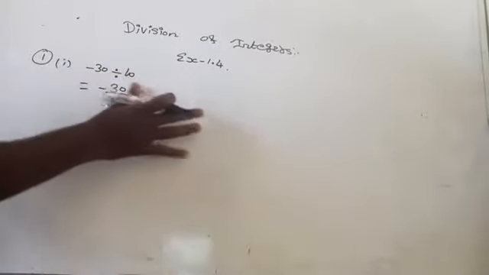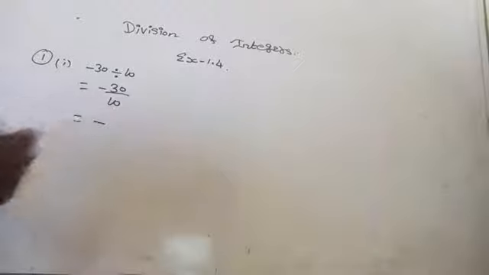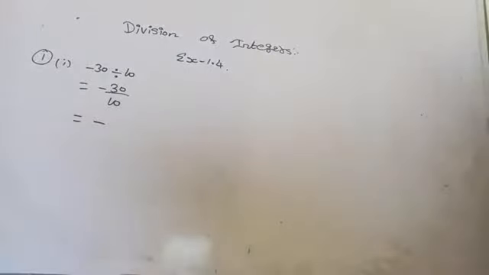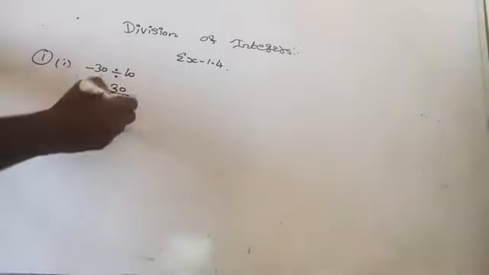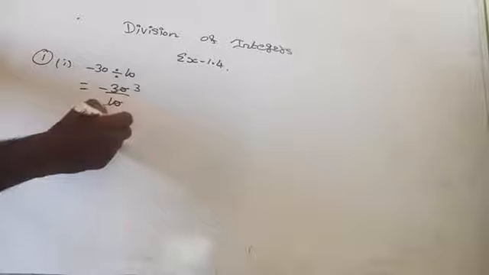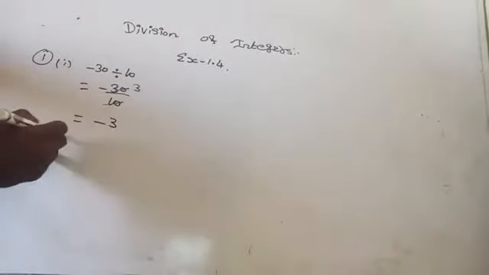So minus divided by plus, that is minus. The division of a positive and a negative integer is always negative. If the two integers have the same sign, then the result is positive. If one is negative and another is positive, then the result is negative. Now it is negative. So 30, 1 10 is 10, 3 tens are 30, then it is minus 3.